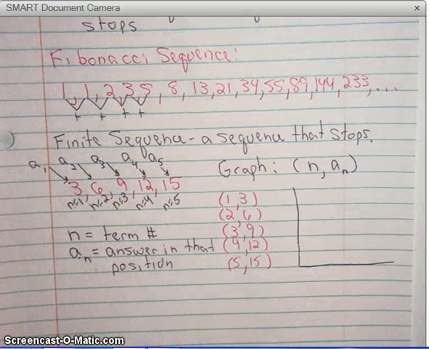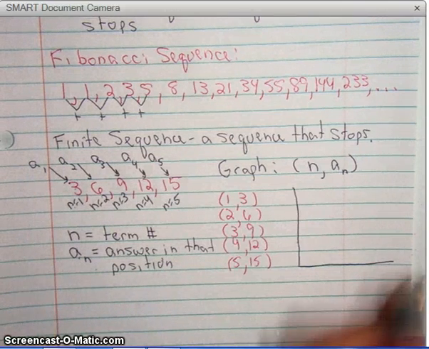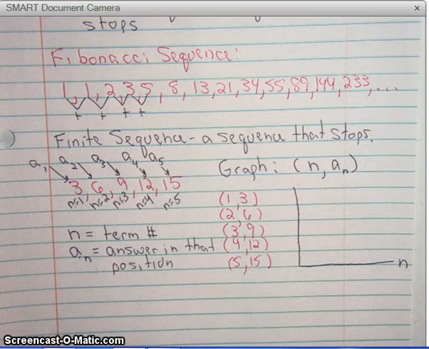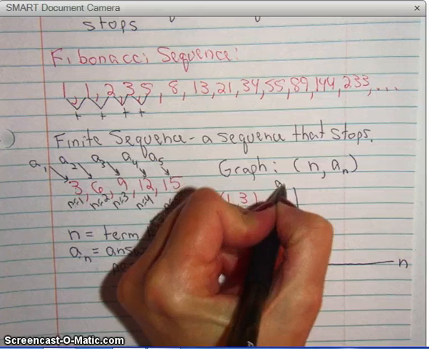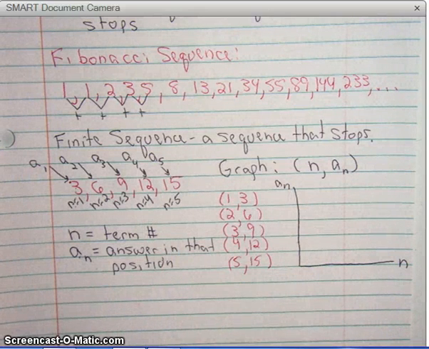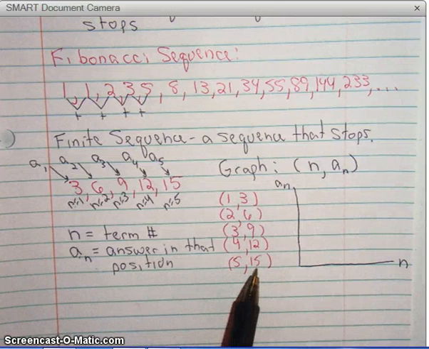And hang on. Okay. On the 2 axes, this axis is labeled N for term number. This axis is labeled A sub N for answer in that position. You guys see that we have to go up to 15, right?